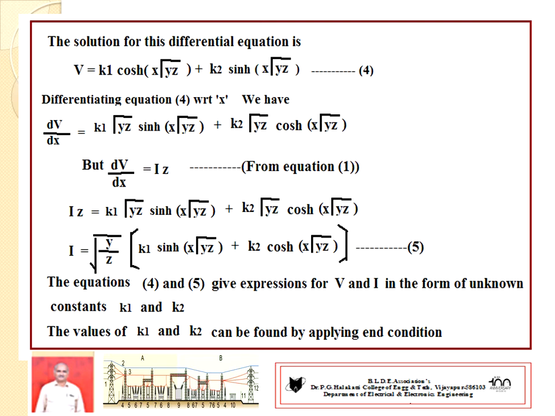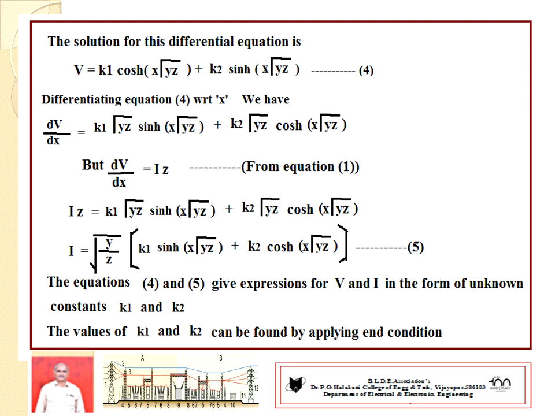For the above equation, the solution of the differential equation may be given by V equals k1 cosh of x under square root of yz plus k2 sinh of x under square root of yz. This develops equation 4.